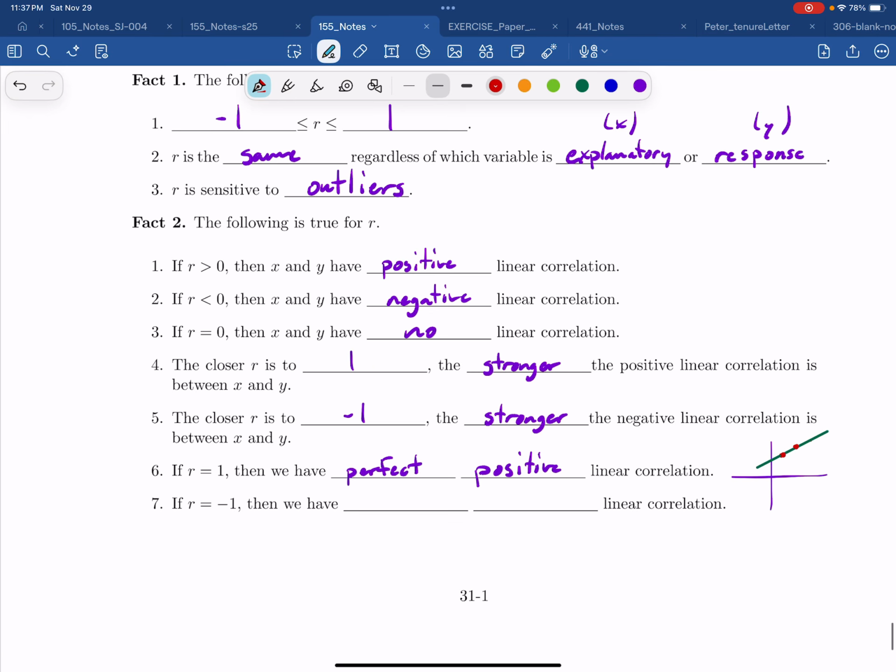This can happen with certain obvious things like degrees Fahrenheit and degrees Celsius, where there's just a linear relationship between them. But in real life phenomena, that doesn't really happen too much. You never see perfect positive, or of course, perfect negative, which would be the opposite. That would be a situation where we had points perfectly through some kind of negatively sloped line, like that.